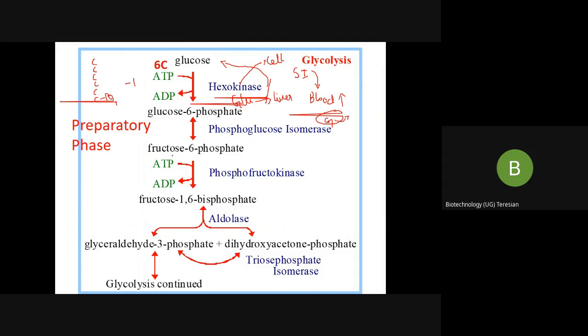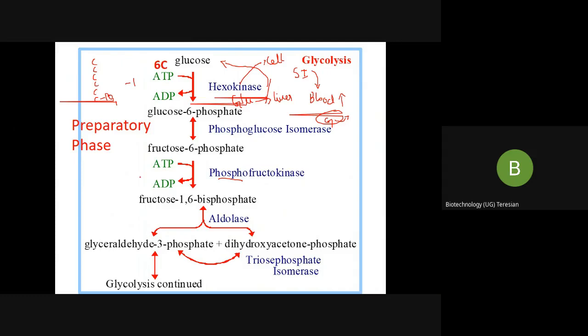So this enzyme uses the ATP so that the phosphate of one of the ATP goes and binds to this fructose 6 phosphate, at carbon 1 position. So it is fructose 1,6 bisphosphate.